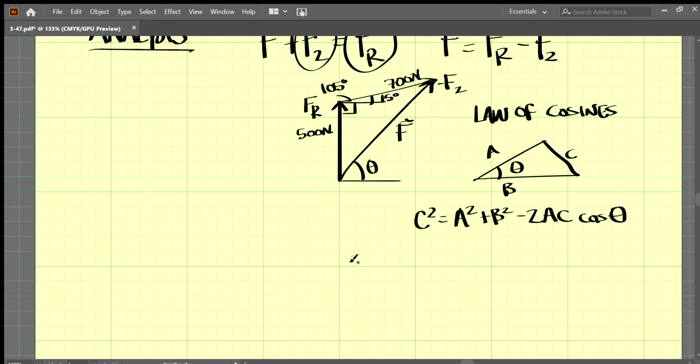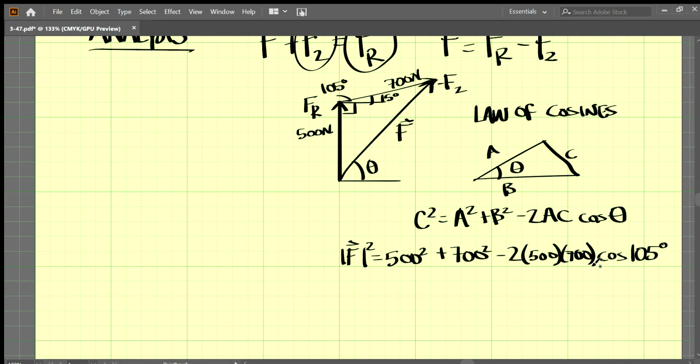So we can find the magnitude of F. The magnitude of F squared is nothing more than 500 squared plus 700 squared minus 2 times 500 times 700 times the cosine of 105 degrees.